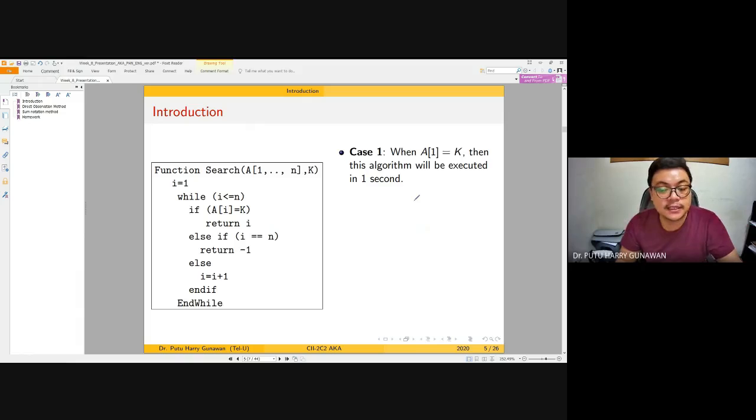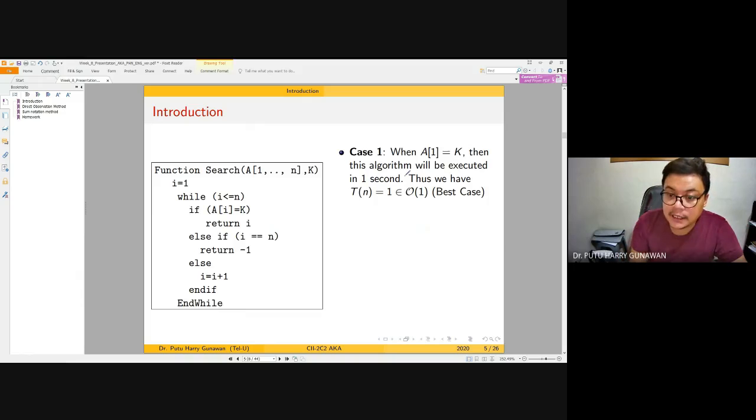Therefore, since it depends on the cases, we can make three cases in this example. The first case, which we call the best case, is when the position of k is in index 1. Then the algorithm takes 1 second, so Tmin of n is equal to 1.